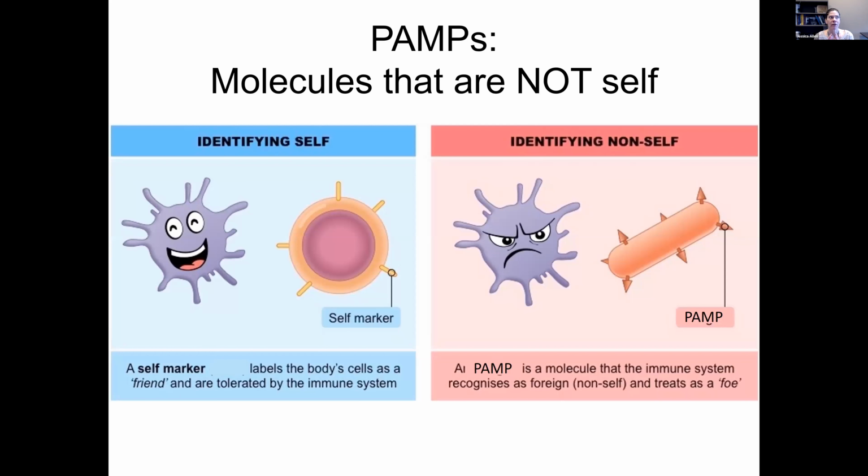We've talked a lot about how the immune system realizes when there's a problem using PAMPs as an example. Remember that PAMPs are pathogen-associated molecular patterns. They are molecules that are not on us, not on self, and are only associated with pathogens. PAMPs are on those bacteria, viruses, fungi, and parasites.